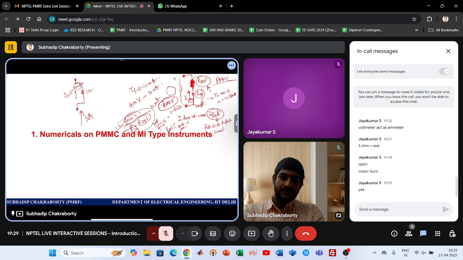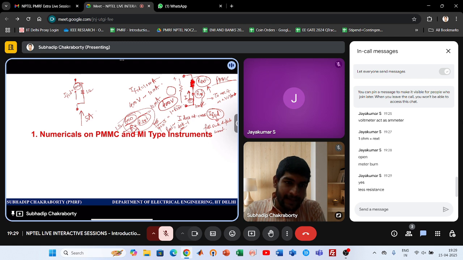So what to do? I still want to use it as an ammeter. It can only take 10 milliampere. Effectively, you lower the resistance. How to do that? The effective resistance of this meter should be lowered, so that it can take more current for the same amount of voltage.